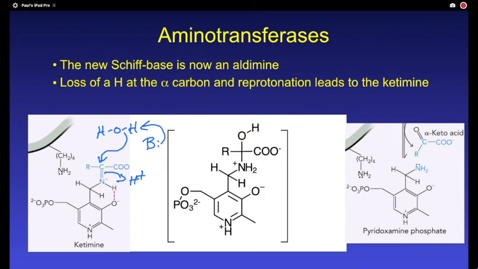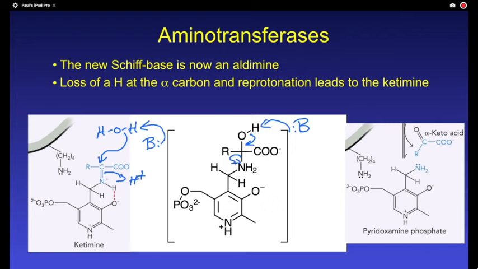This last step in this half of the reaction takes off this, puts a double bond, and what leaves is the nitrogen.